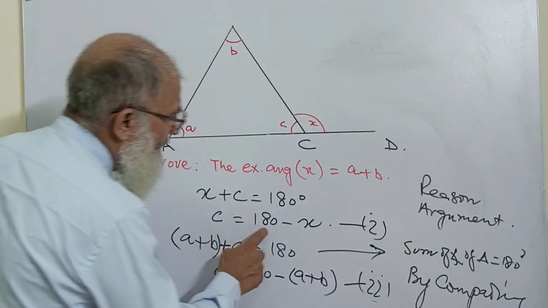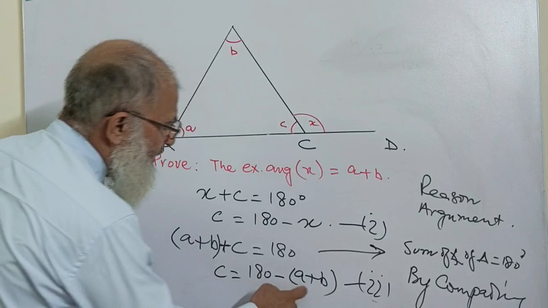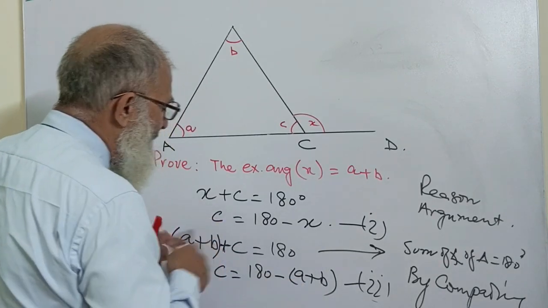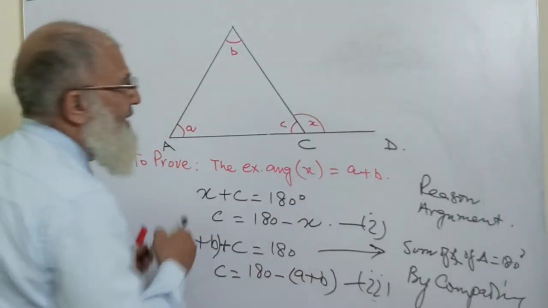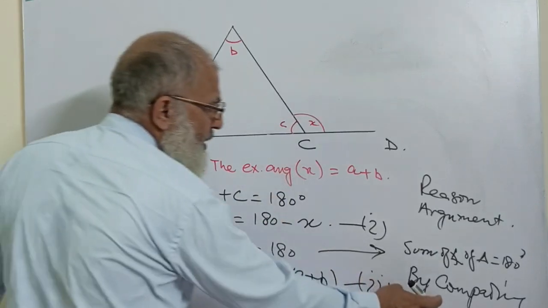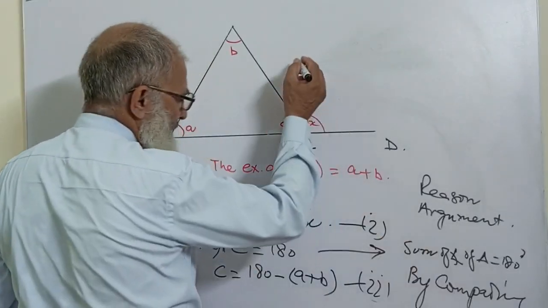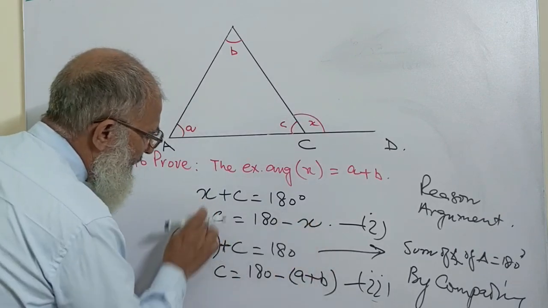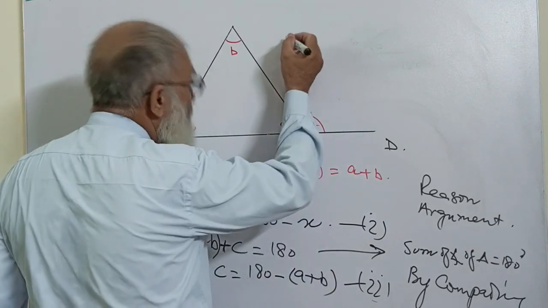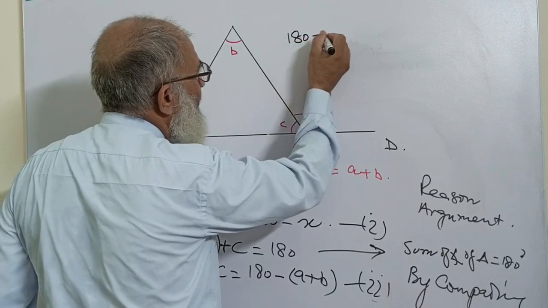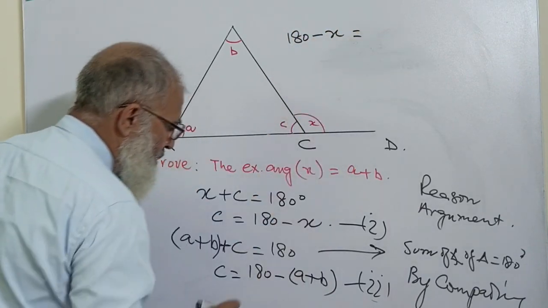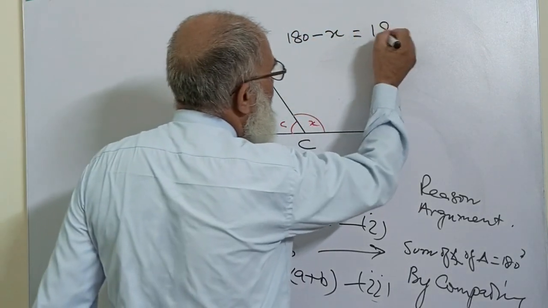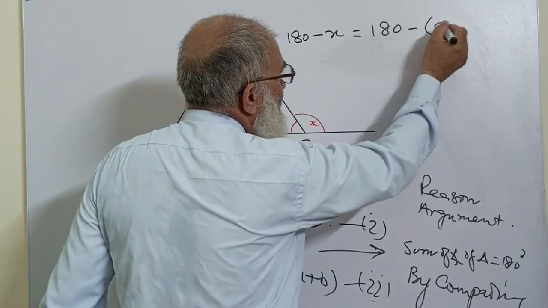C is equal to 180 minus X, C is equal to 180 minus (A plus B). So let me write both right hand sides, because we have to compare them. And we know that both right hand sides are equal to C. So 180 minus X is equal to 180 minus (A plus B).